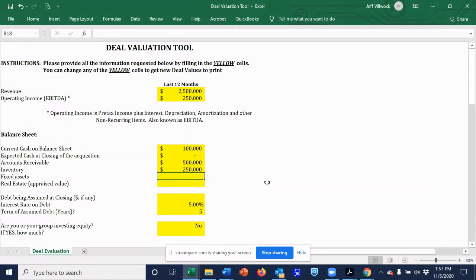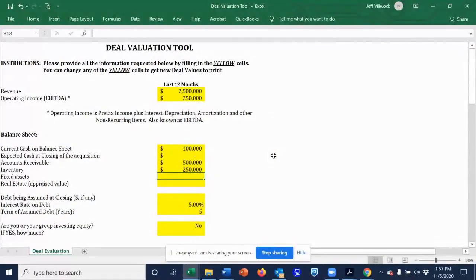Fixed assets. Now, these days, it's harder to borrow money on fixed assets than it used to be. So what's a fixed asset? A fixed asset would be, let's say you lease a place and you've invested $100,000 in leasehold improvements. That's a fixed asset. You have bought some equipment. That would be a fixed asset. You have cars that you've acquired for your business, or trucks for delivery.